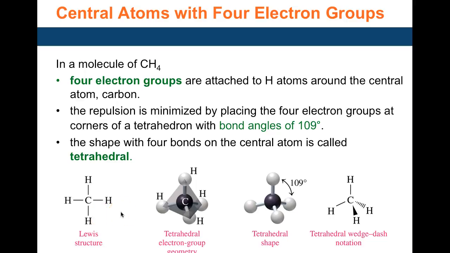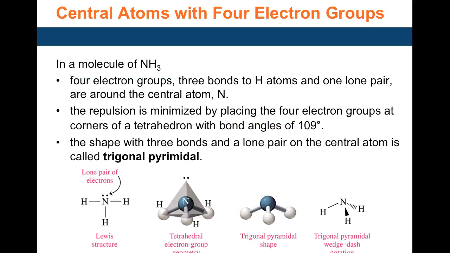Okay. So 4 electron groups, that was tetrahedral methane. Okay, now in ammonia, if you look here, it has the 3 bonds and 1 lone pair. So that means it's 4 electron groups around the central atom of nitrogen, all right? But one is a lone pair.